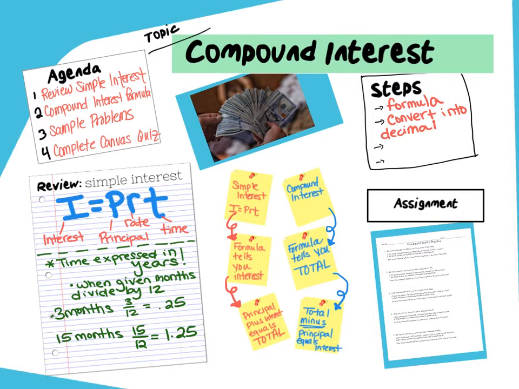So that percentage that we have, make sure that you convert it to decimal. If you have a number that is not in years, you need to make sure that gets converted to years. Then after you do your conversions, the next thing that you're going to do is substitute your numbers. And then once you substitute, then you can solve.